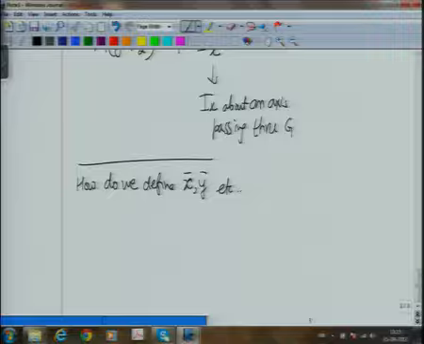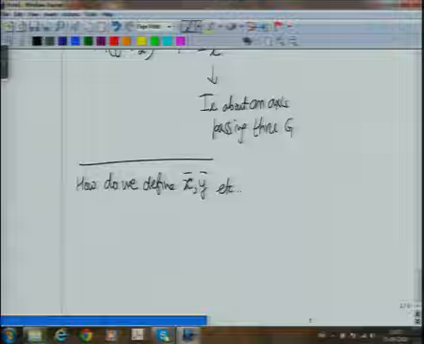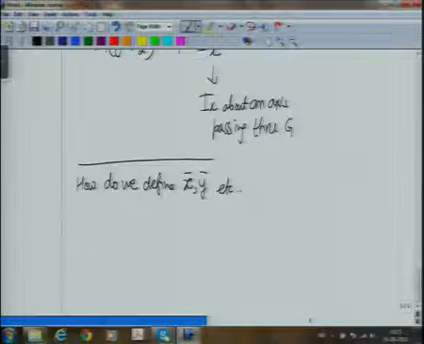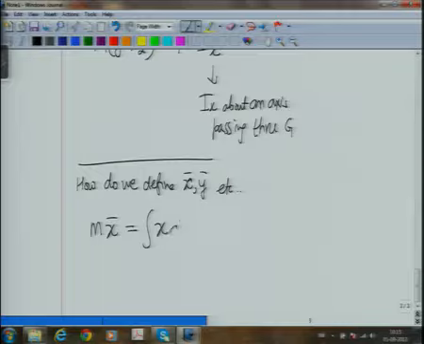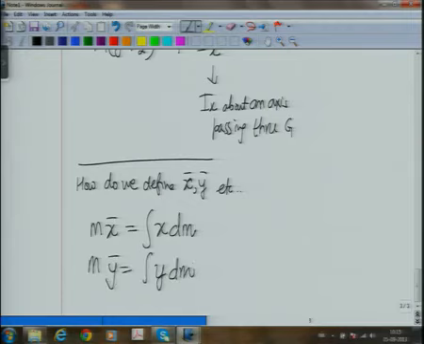How do we define the coordinate of the center of mass x bar? So x bar we define as m times x bar is equal to integral x dm. Similarly, m times y bar is equal to integral y dm. This is how you look at the center of mass.